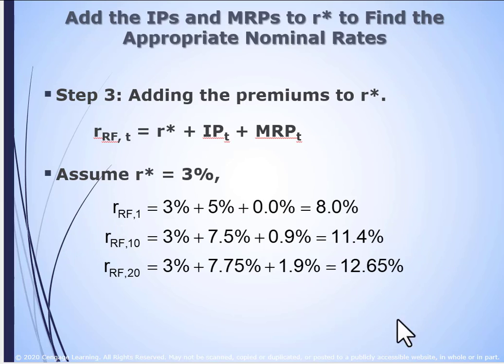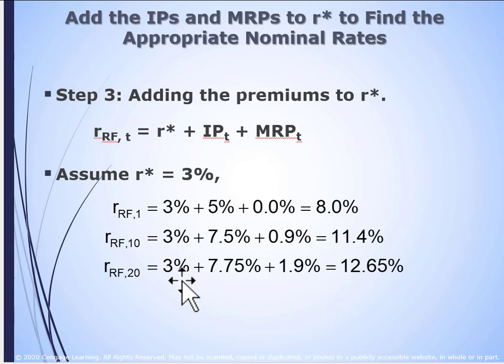So for our example here, how do we find the risk-free rate for these time frames? The risk-free rate 1 year out is the real rate, 3% that we stated, plus 5%. There's no maturity risk premium, so it's 8%. What about 20 years? 3%.